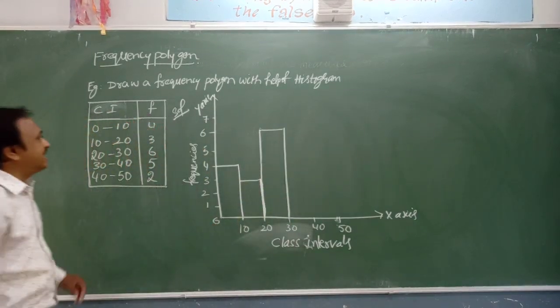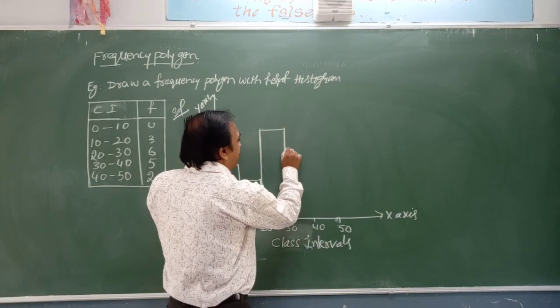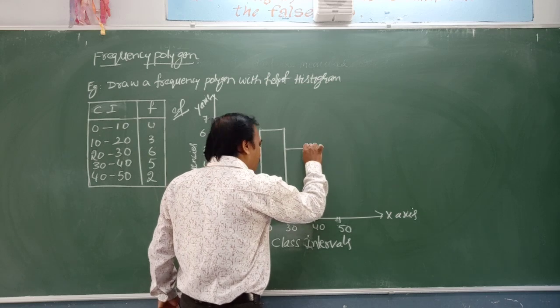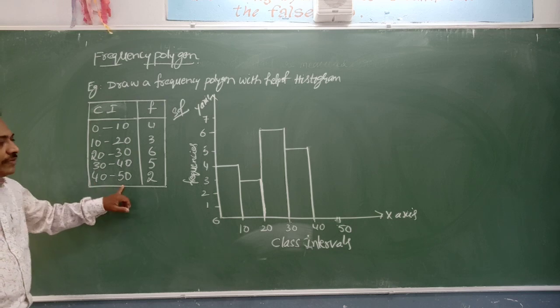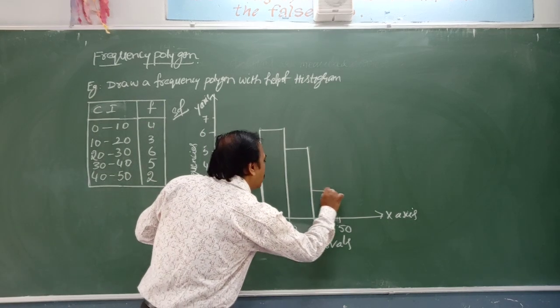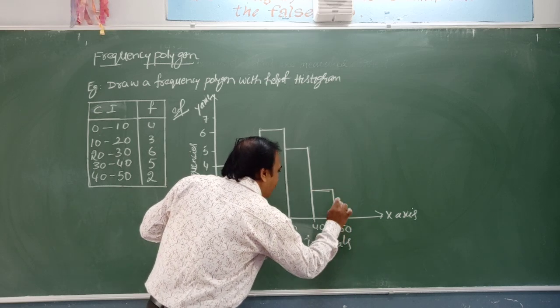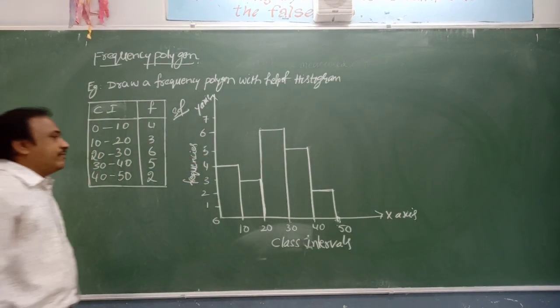Next 30 to 40 is 5. Next, the last one, 40 to 50 is 2. Use a scale and pencil while locating this histogram. So these are the values.